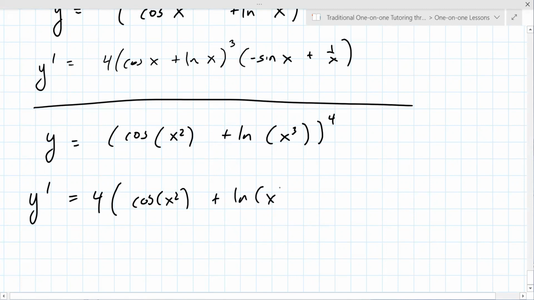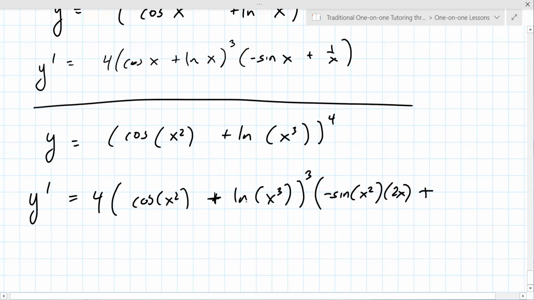Nothing different yet. But when you take the derivative of cosine of x squared, what is the derivative of cosine? It's minus sine. But what about this part inside here? What's the derivative of that? It's 2x.